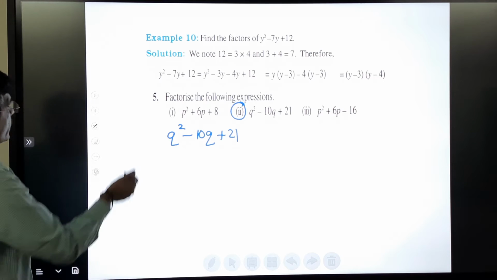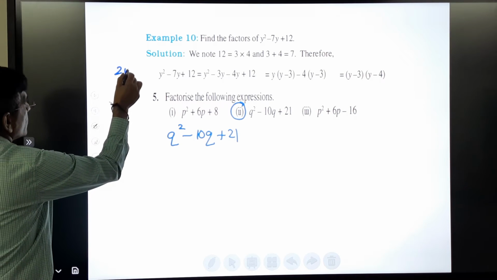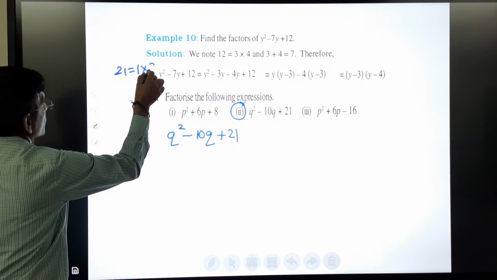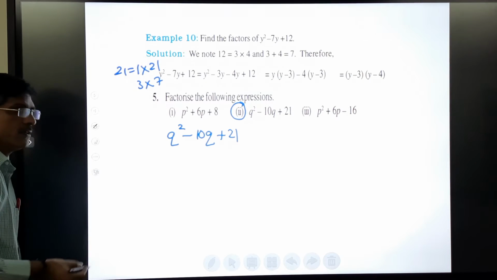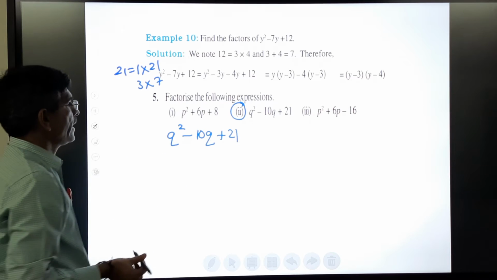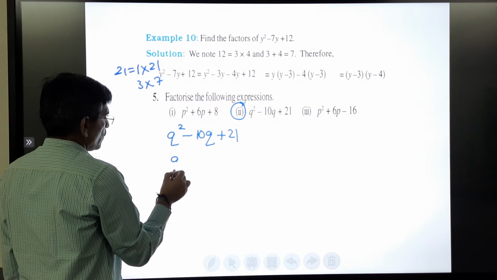What do I have to write again? The factors of 21, that is 1 into 21, 3 into 7. So 7 and 3, that is 10, and 7 into 3 is 21.